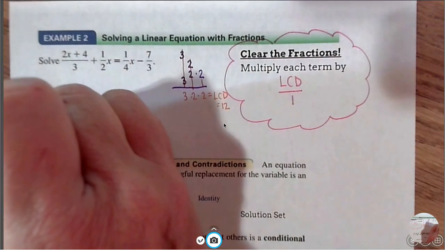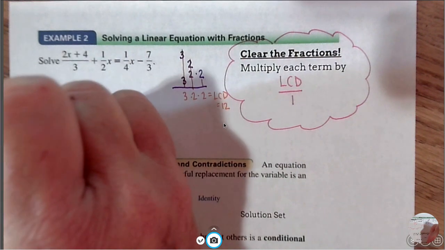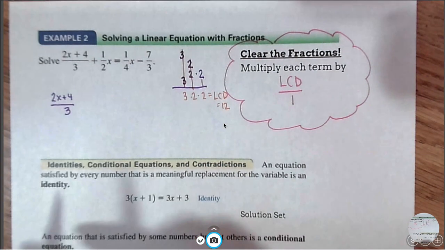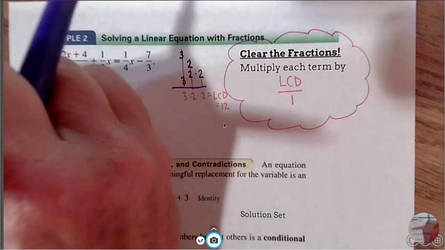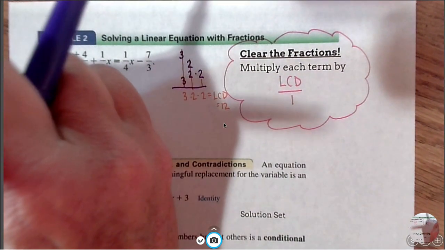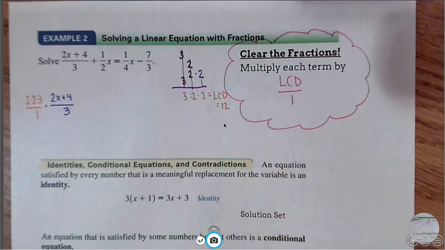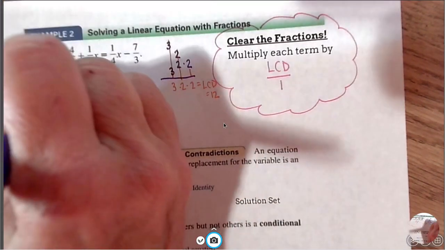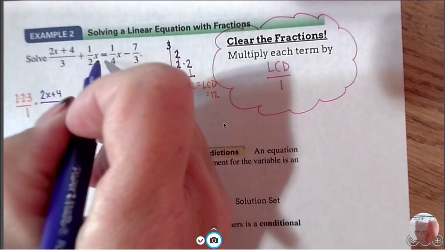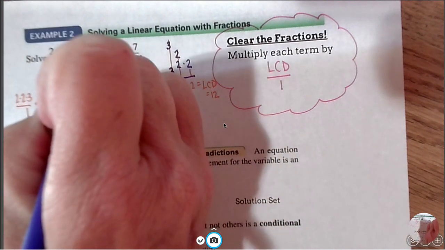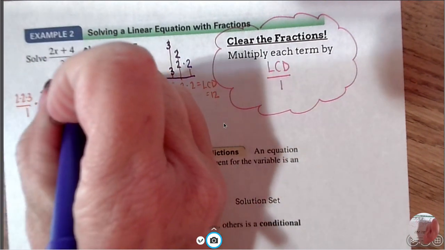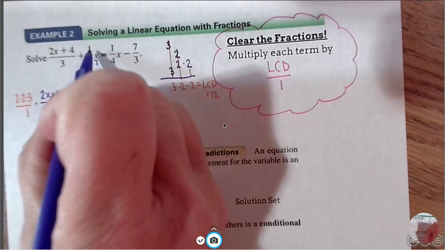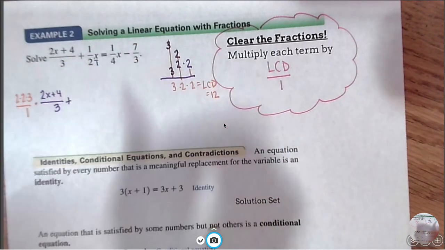So I'm going to take each of those terms, 2x plus 4 over 3, and I am going to multiply them by the LCD, 2 times 2 times 3 over 1, and then I have plus. Now this 1/2 x really means 1 over 2 times x over 1. So I'm going to go ahead and put that x into the numerator because 1/2 times x over 1 becomes x over 2.